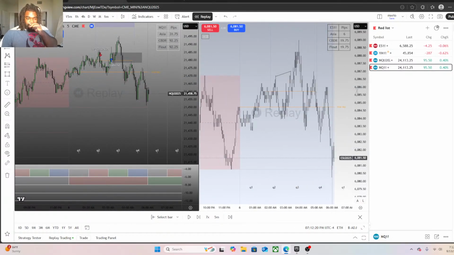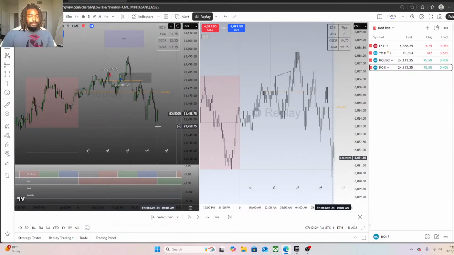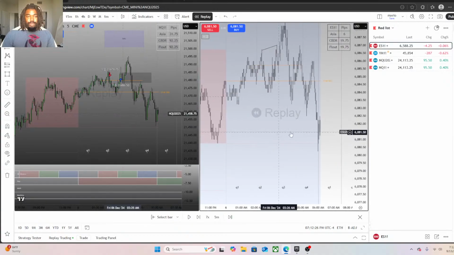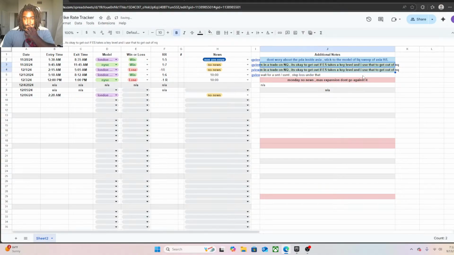Alright, so when trading this, I would have used my TP on ES because, if you look over here in my notes, it says if I was entering a trade on NQ, it's okay to get out if ES takes out a key level.